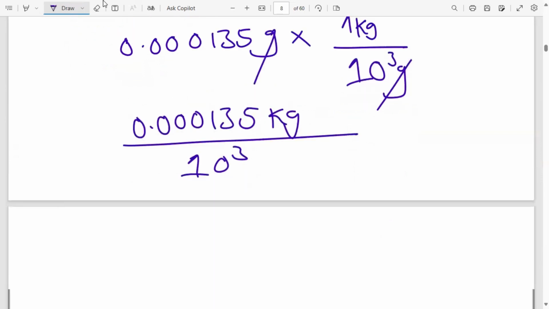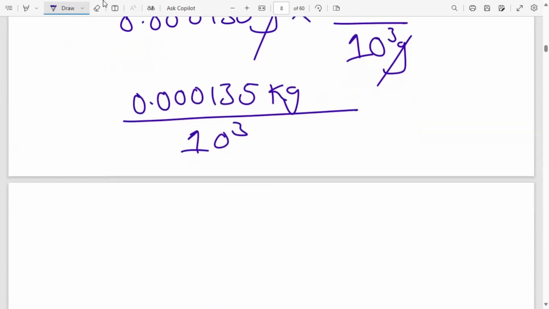And this is going to give me how much? It should give me 0.0000001 35, let me check, counter check. Okay, so 1, 2, 3, 4, 5, 6.